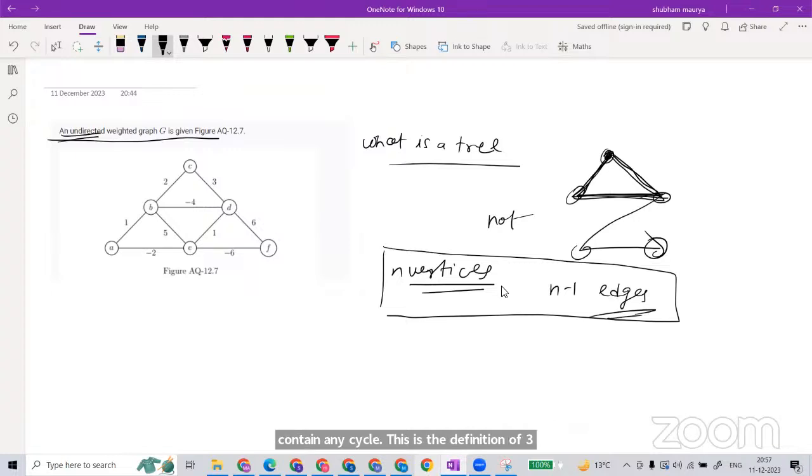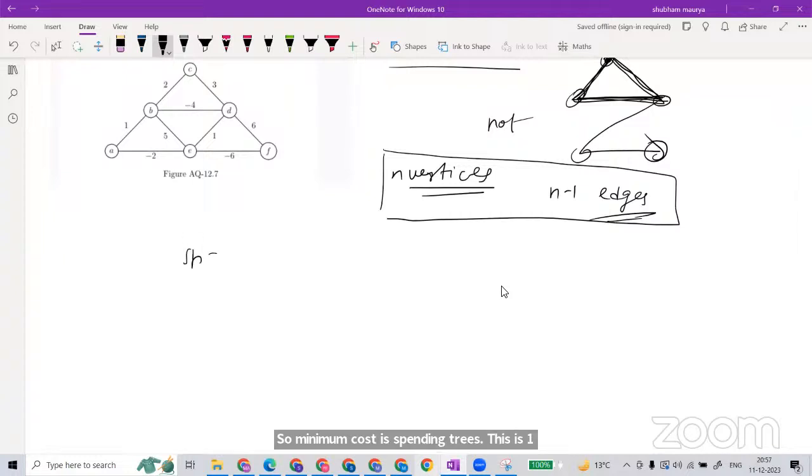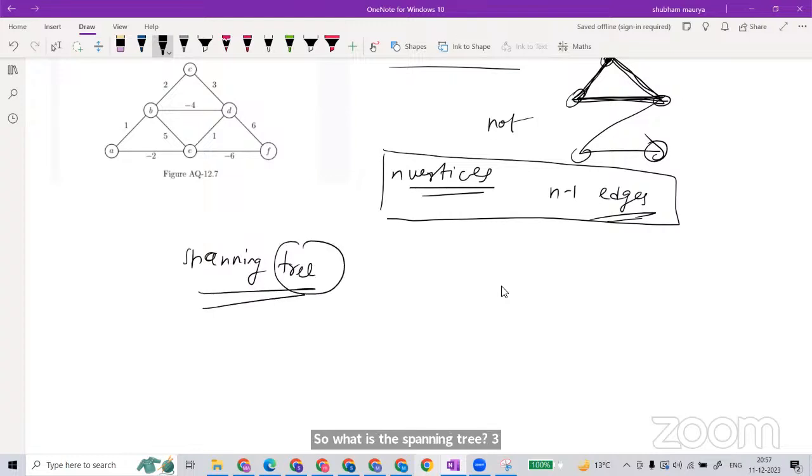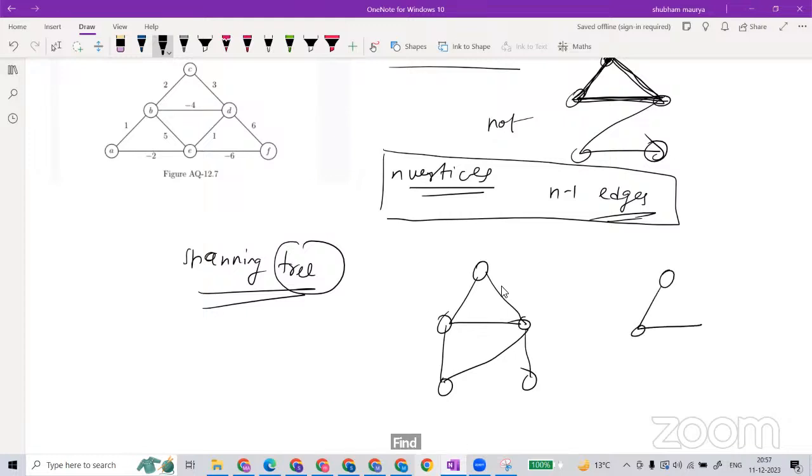So minimum cost spanning tree: this is the tree definition, and there is another word, spanning tree. What is a spanning tree? It will be a tree, and spanning means, suppose you have a graph like this that contains a cycle, we will try to find a tree.